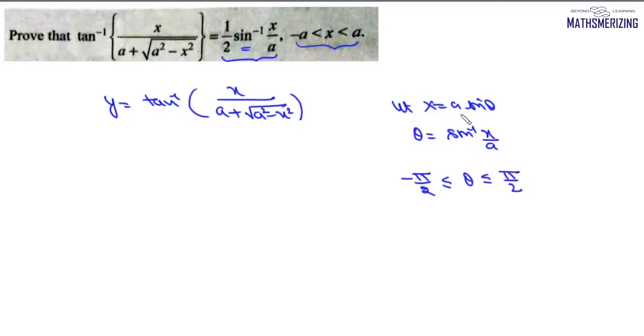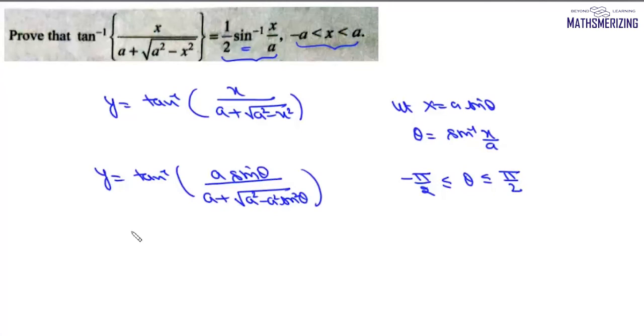Now we'll put x as a sin theta. We can write this as y equals tan inverse, and this is a sin theta upon (a plus under root of a square minus a square sin square theta). Now we can cancel this a, so we can write this as y equals tan inverse of sin theta upon 1 plus cos theta.